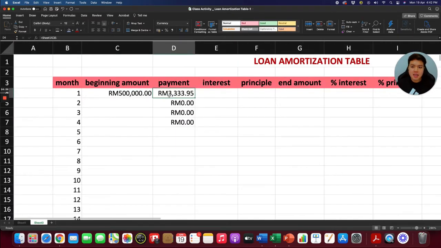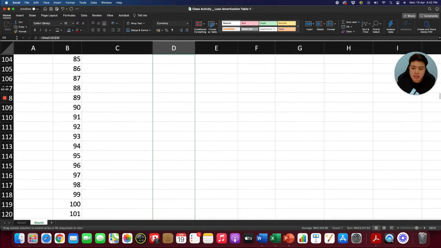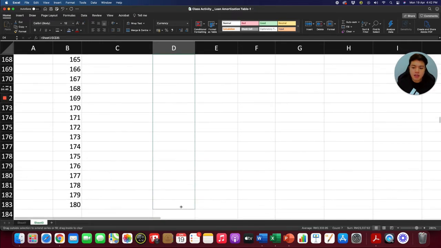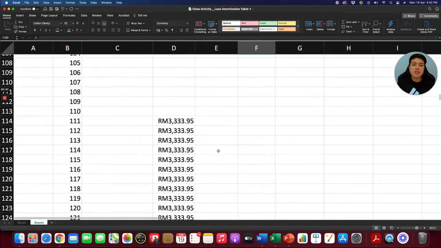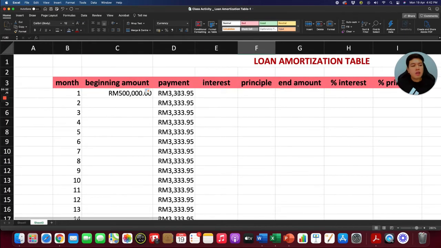Before C, shift dollar sign, and before 35, shift dollar sign as well. Then it will be fixed, and when you drag, it will be the same amount. You can drag this until 180 months, because payment, as I mentioned earlier, is the only constant. It will always be the same for every month.